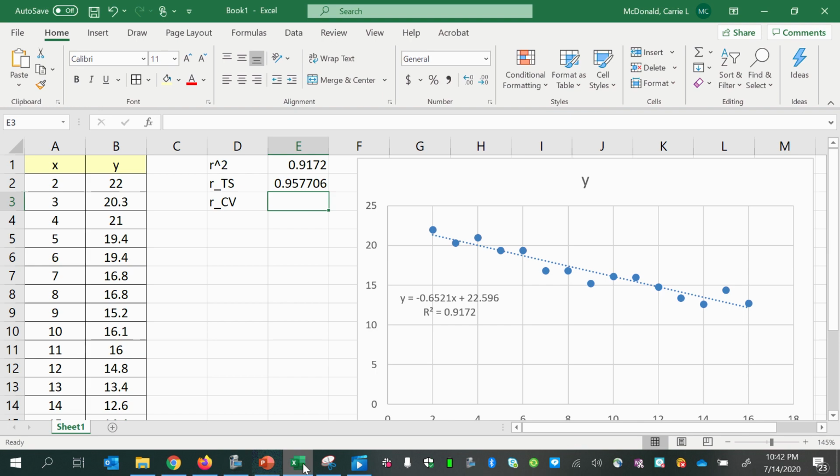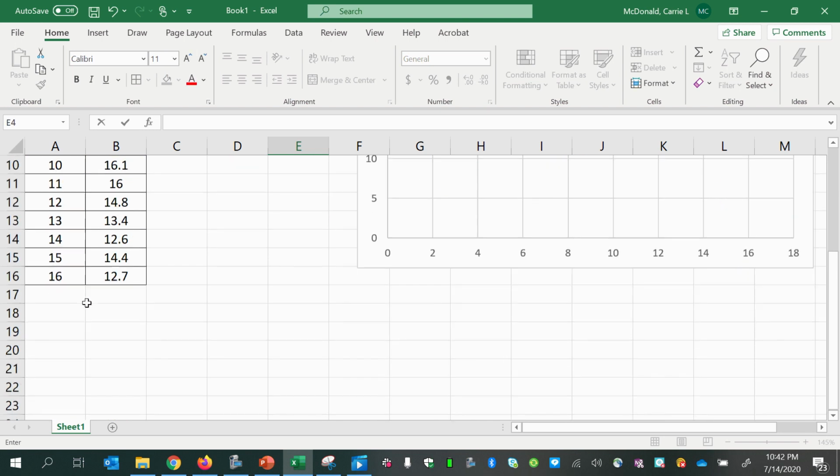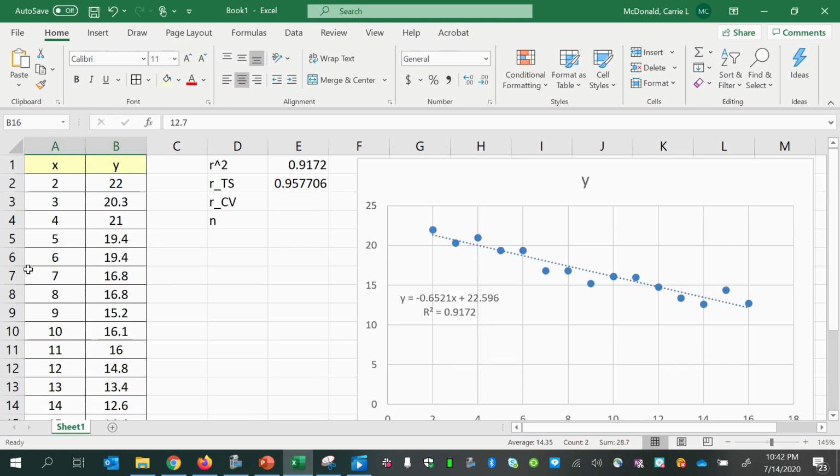So we need to know how many values we have, the sample size. We can either just look at the fact that the last set of values is in the 16th row. We do have a heading row, so there would be 15 values or pairs of values.